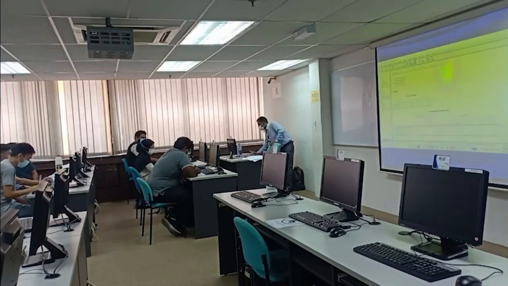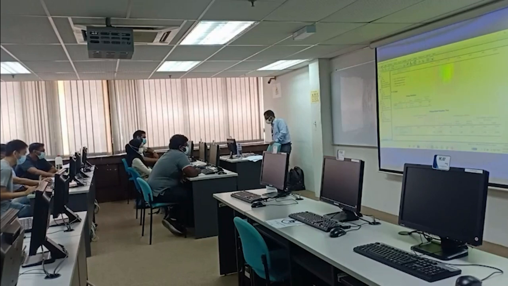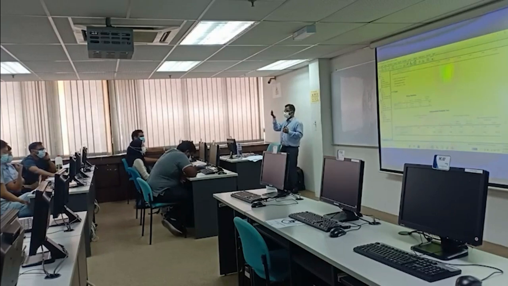Can you please interpret the finding? Which one will you choose? Equal variance assumed or not assumed? Assumed. Because Levene's test of equality of variance, significance value is more than 0.05. So you can assume equal variance.